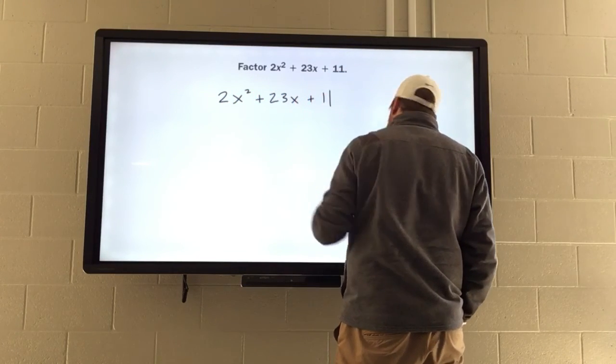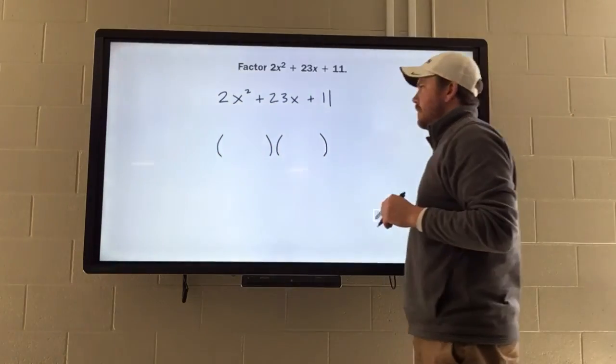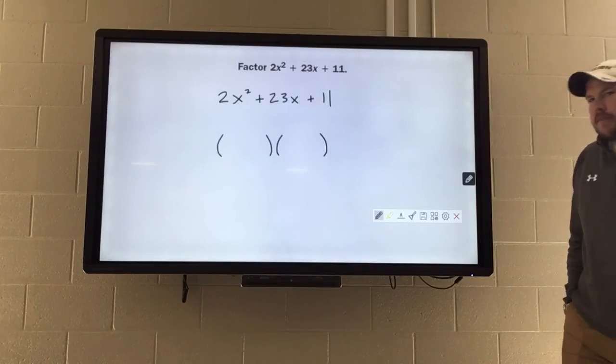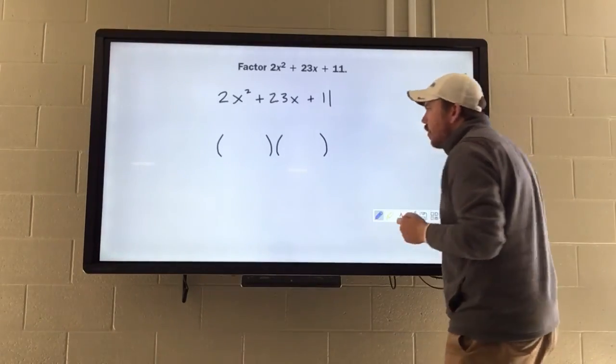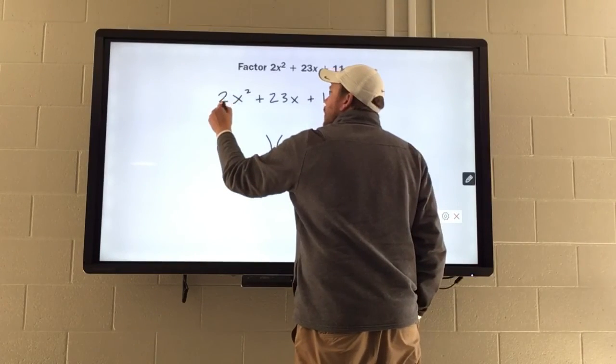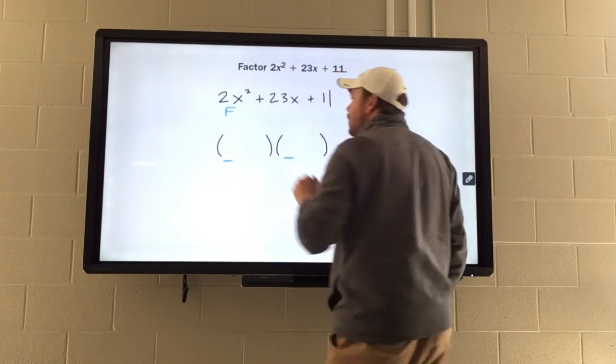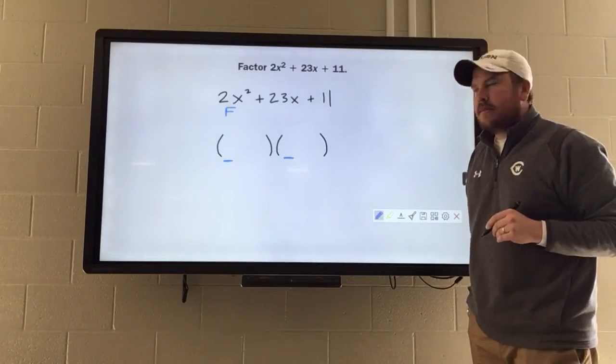And here's what you need to know for guess and check, okay? We're going to break this up into two binomials. Now, if you remember from the FOIL method, our first term is given by multiplying the two first numbers together.